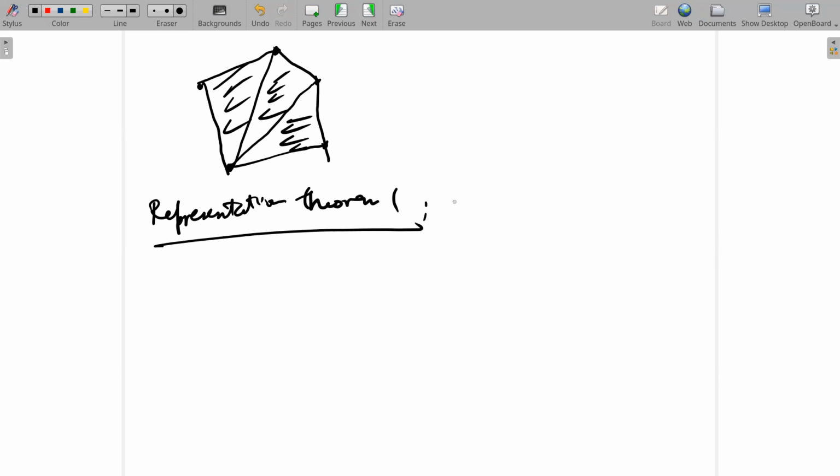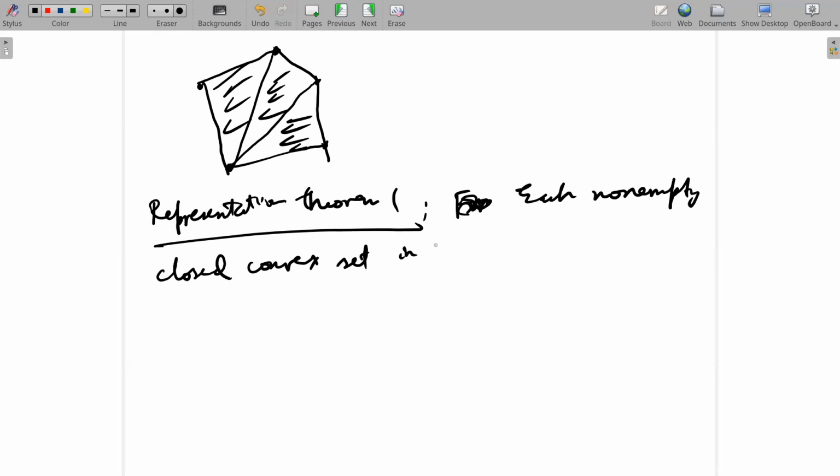Representation theorem 1 said that each non-empty closed convex set in Rn is the intersection of its supporting half spaces.